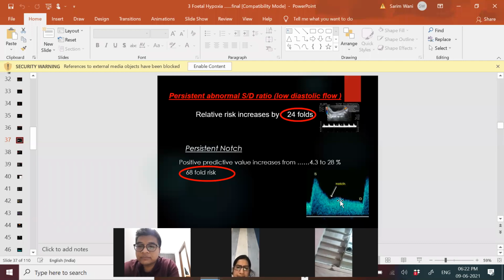If it is not 0.55 but has shot up to 7, what will you expect this diastolic flow to be? Low or high? Low, sir. Very good. Now you are coming on track. A high resistive index means that the diastolic flow has dropped.